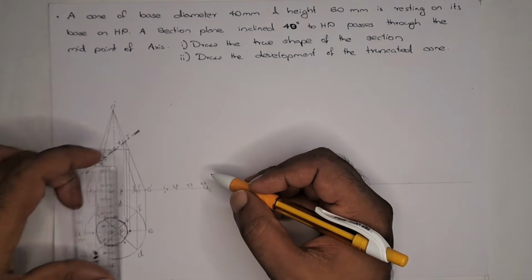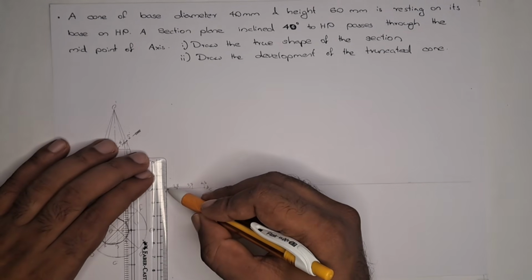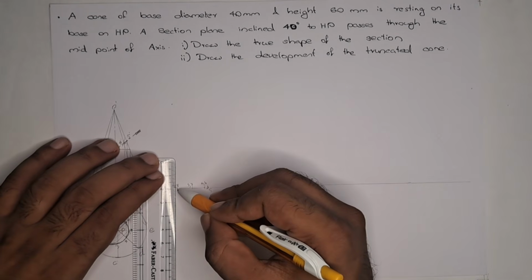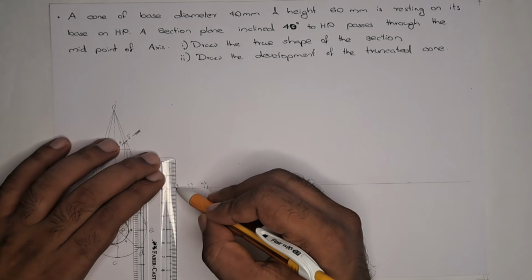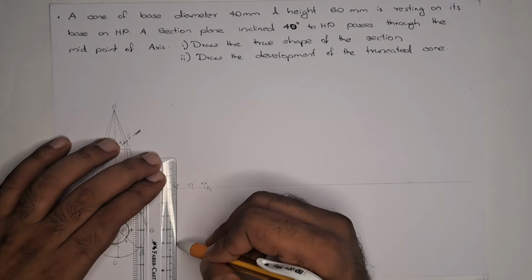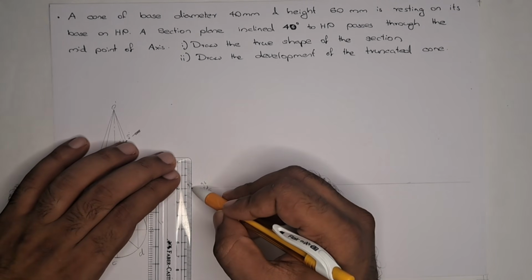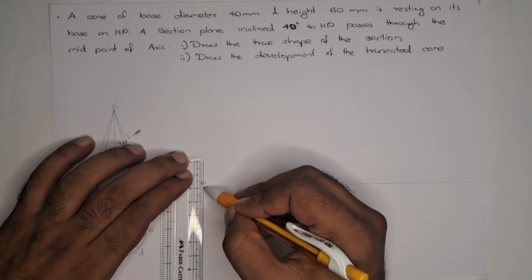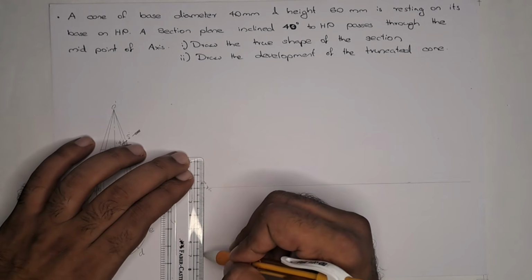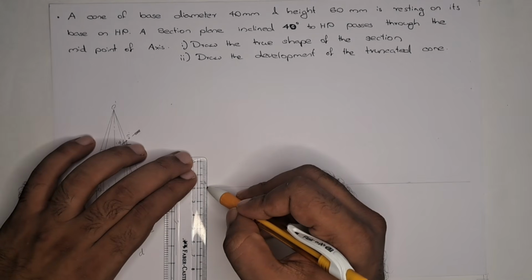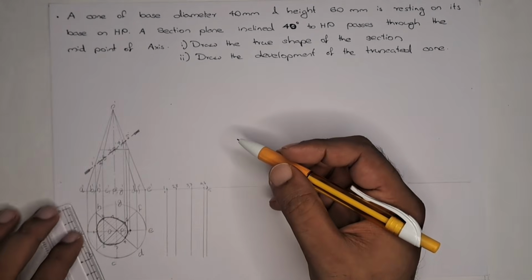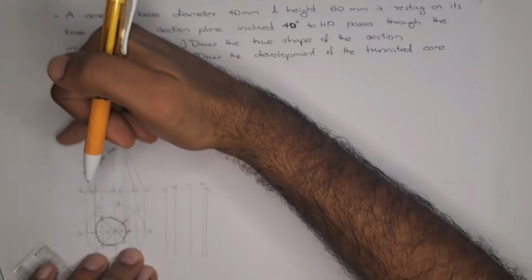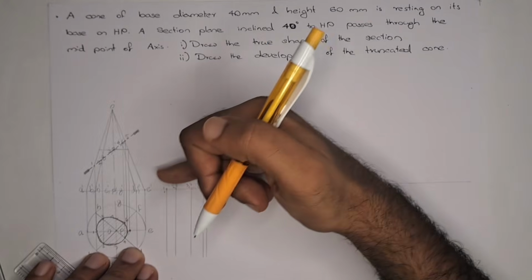Now we need to mark projection lines from here, because when we look at 90 degrees we can find the true shape.